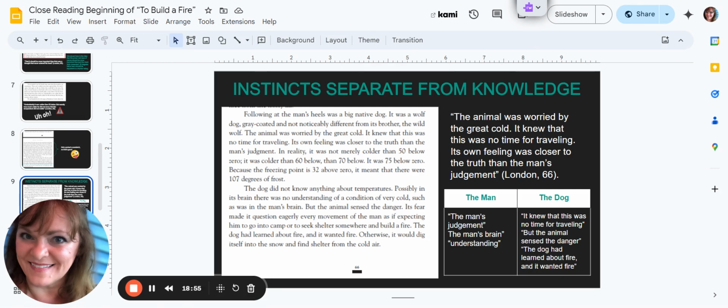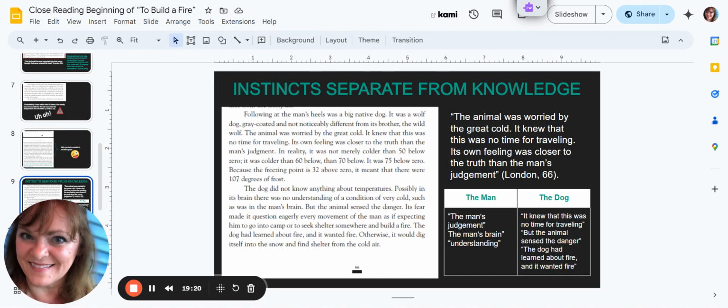The animal was worried by the great cold. Hmm, interesting. It knew that this was no time for traveling. Its own feeling was closer to the truth than the man's judgment. In reality, it was not merely colder than 50 below zero, it was colder than 60 below, then 70 below. It was 75 below zero.